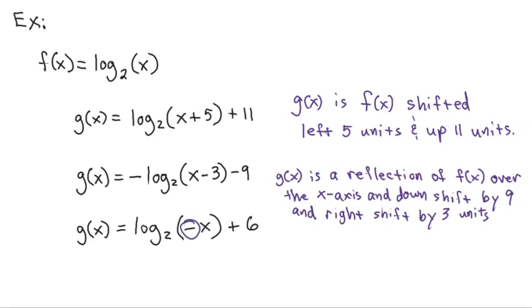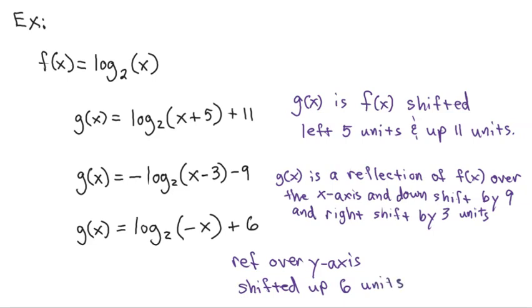So this is a shift across the y-axis, and then we have a plus 6, so that's up 6, okay? And so this is a reflection over the y-axis, and it's shifted up 6 units. Okay? And that's it for the graphs of logarithmic functions.